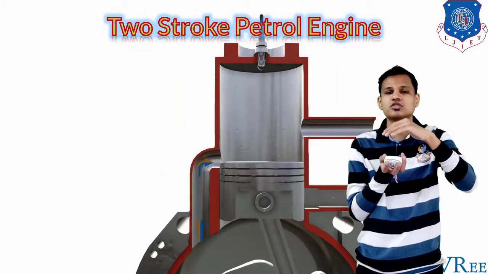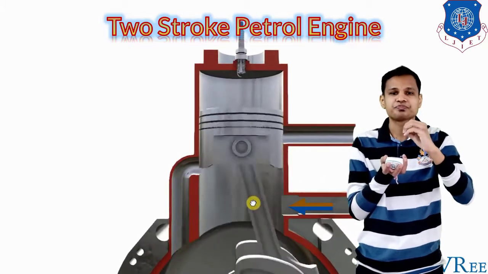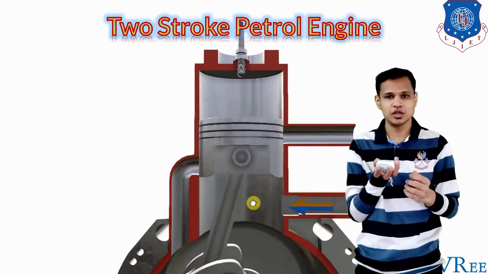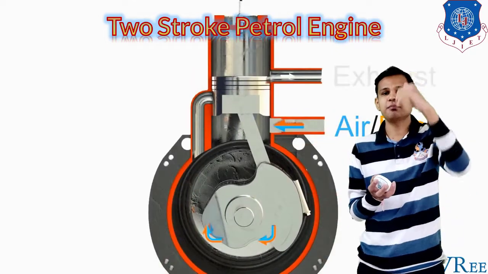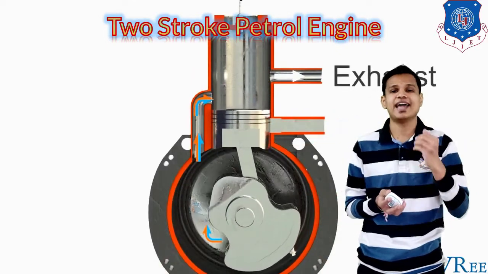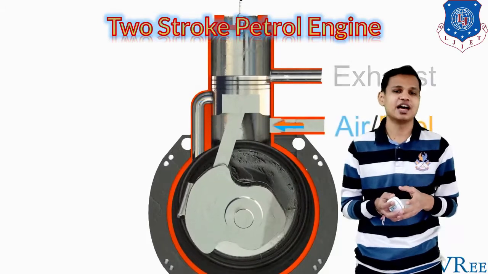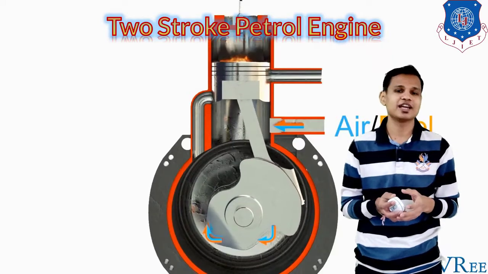When the compression stroke is completed, the spark plug will generate a spark, and that spark will ignite our fuel. Because of the fuel ignition, the energy will be generated and the piston will come down and the expansion stroke will work. Right? You can see in the graphics the working of the two-stroke petrol engine.